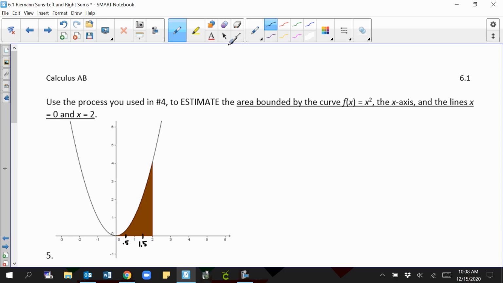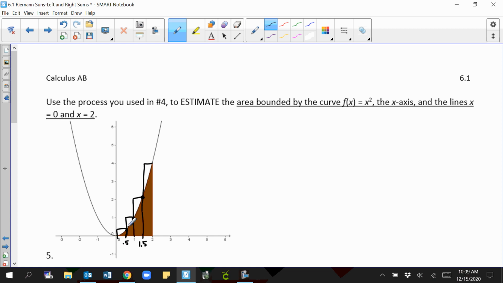I'm also going to use my right Riemann sums. So that's going to come over and come down to my 1.5. Then I'm going to use the 1.5 point and bring it down to 1, and then this point here and bring it down, and then this point here and bring it down.